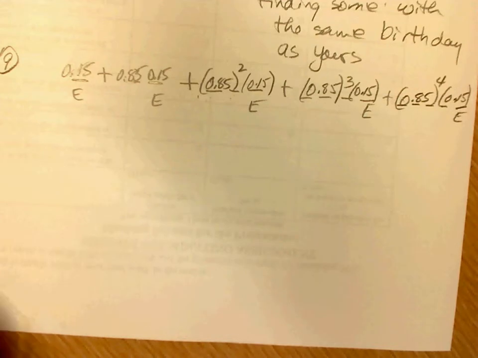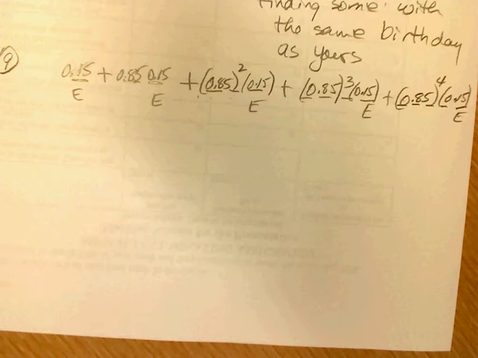So let's see what we get when we multiply that out. 0.15 plus 0.85 times 0.15 plus 0.85 squared times 0.15 plus 0.85 to the exponent 3 times 0.15 plus 0.85 to the exponent 4 times 0.15.